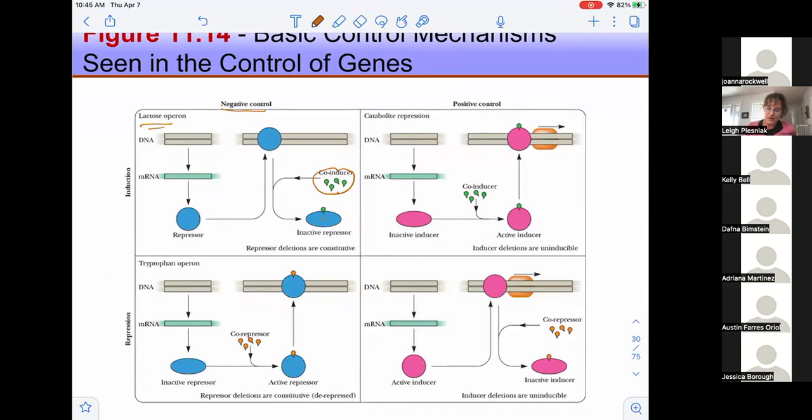But you can also have negative control that leads to repression. And this is the trp operon, which has a trp repressor, but that repressor only binds in the presence of tryptophan. That's what's showing here. So in this case, the small molecule prevents binding of the repressor to the operator.